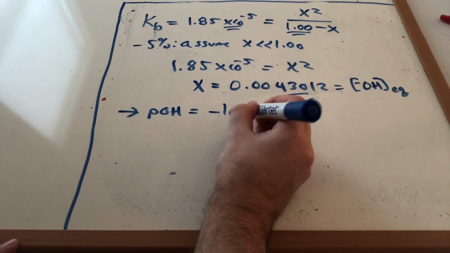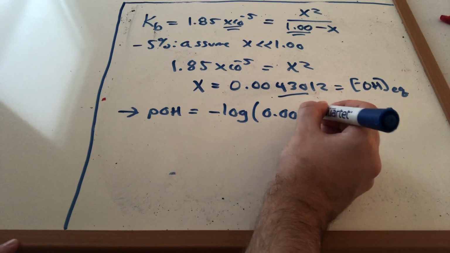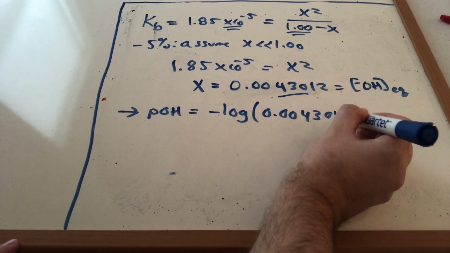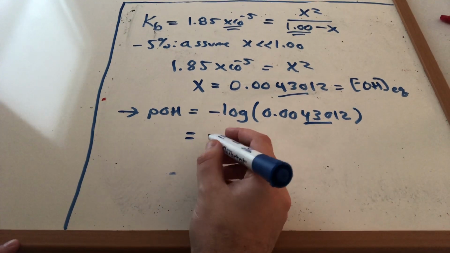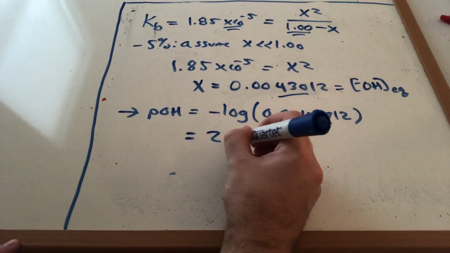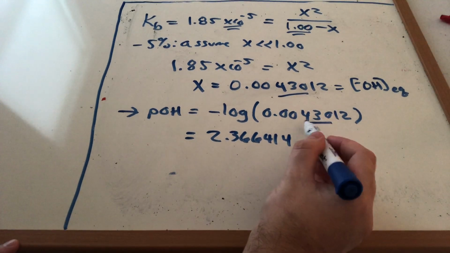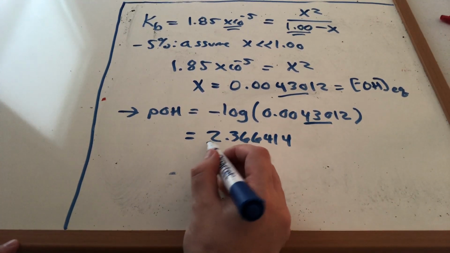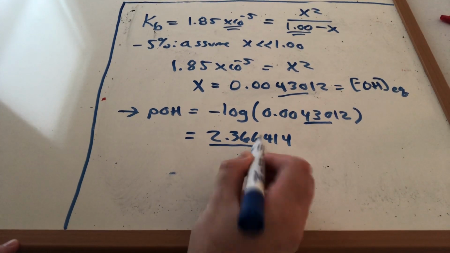And I'm going to take the negative log of my OH minus concentration at equilibrium. When I take the negative log of this, my pOH is 2.366414. Let's check significant figures. There's 3 significant figures here. So there would be 3 significant decimal places here.